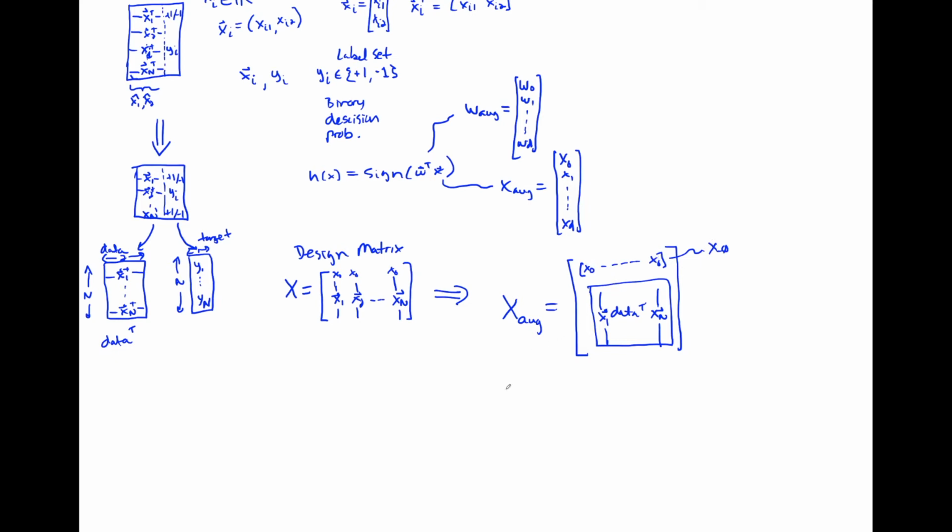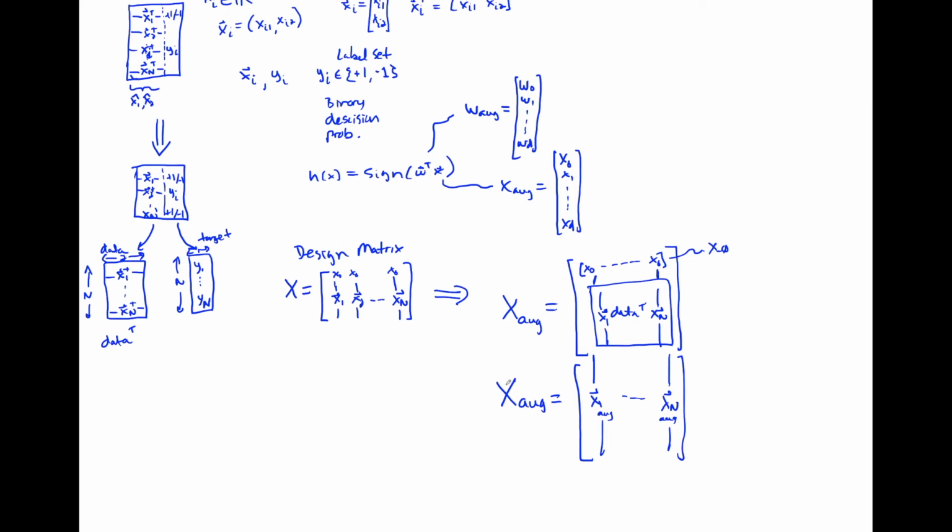Now, in that case, we can rename each one of these columns of design matrix X: we can call this x1 augmented, because now it includes this x0, and we can call this xn augmented, because it also includes this x0. And so we can take our design matrix and make it augmented, and we're going to call this big X aug. That's our augmented design matrix.